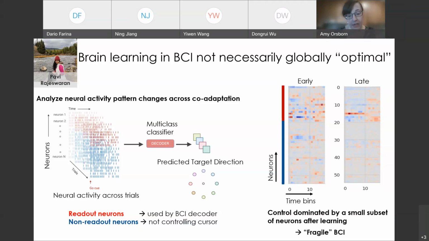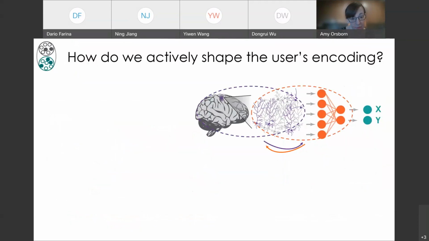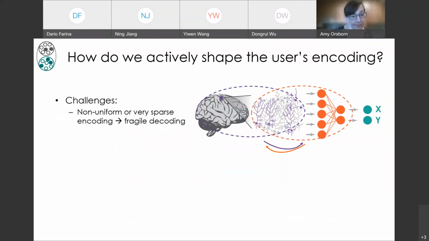But from an engineering perspective, this becomes problematic, because now we have a BCI where, if that one or two neurons that are primarily controlling movements in this direction are lost, it doesn't matter how much I adapt the decoder, the encoder of the brain no longer has a clear representation that I can use. And so the BCI becomes very fragile. This is one example of where the encoding in the brain and these learning dynamics could create challenges for us.